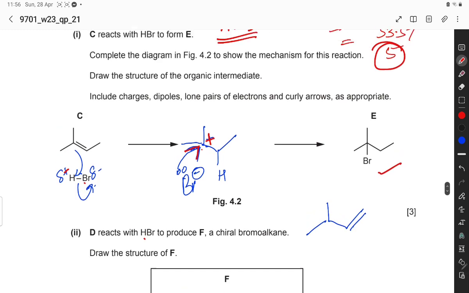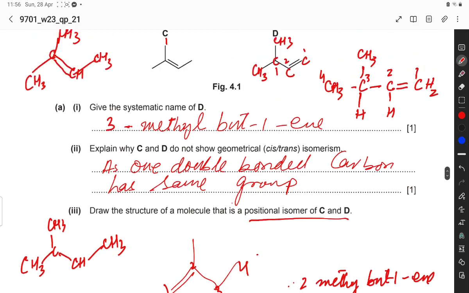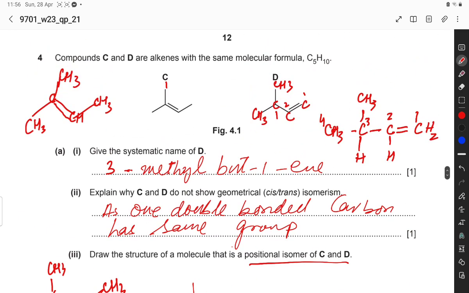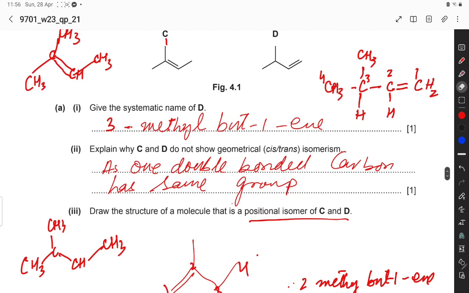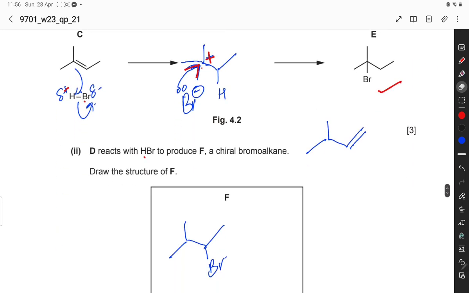This is D. So this structure is D, and when HBr reacts with this compound, it forms a major product like Br attached over here, after breaking the double bond.